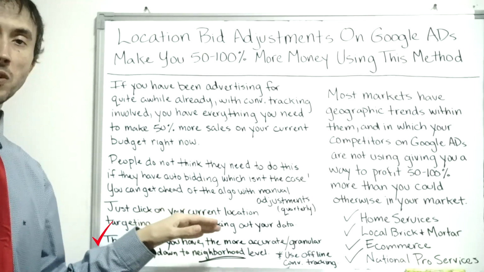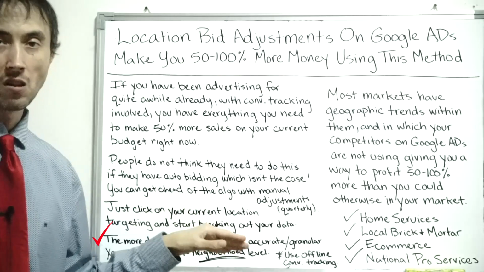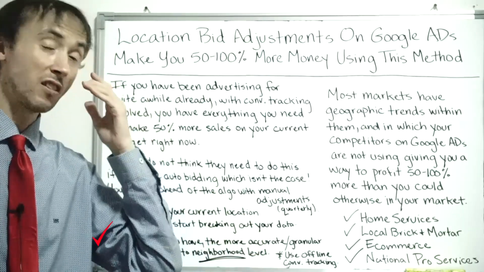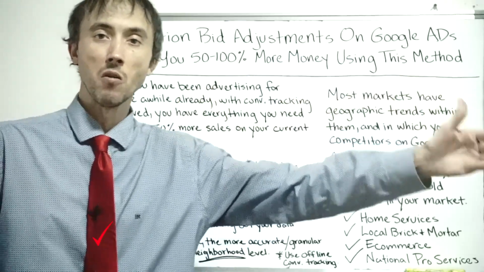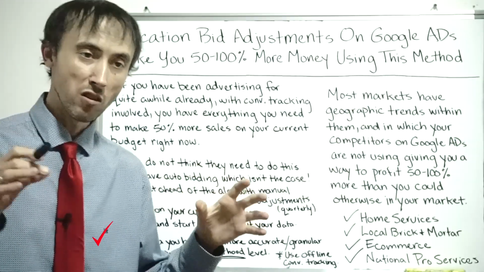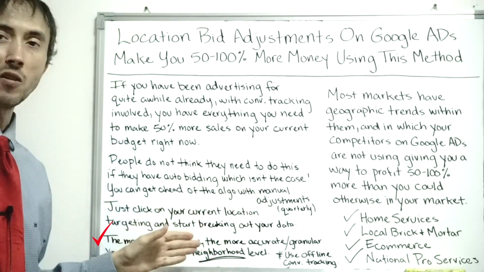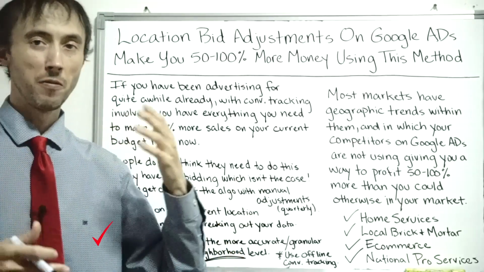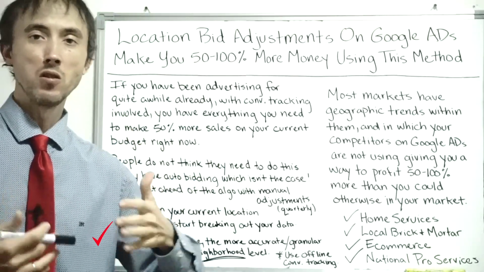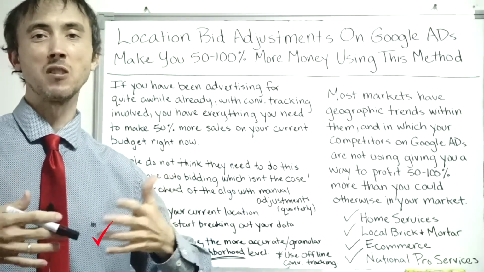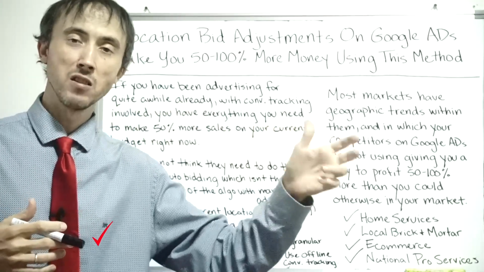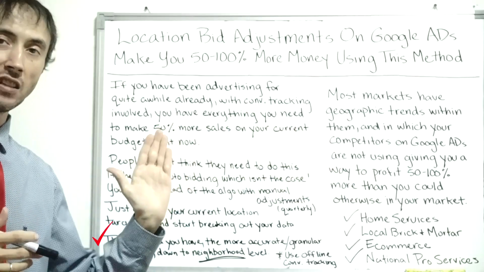The national players, it's going to take you a long, long time to get any national bid adjustments going. But hypothetically, you see what I'm saying here. You could just keep going and going and going. The more data you amass, the more granular your bid adjustments will get. The algorithm will take over once it gets enough, thousands of conversions already, and your manual bid adjustments aren't going to do anything, at least when you're talking about thousands of conversions at the state level.